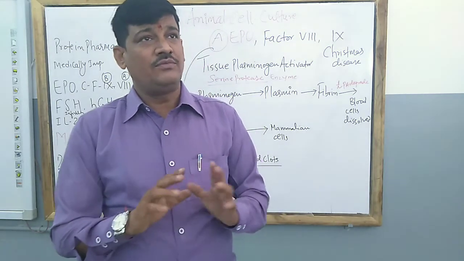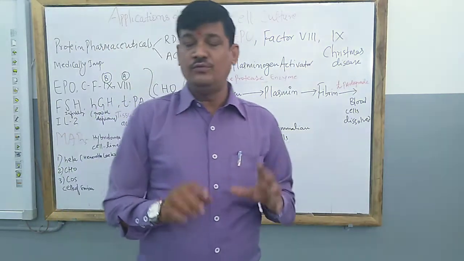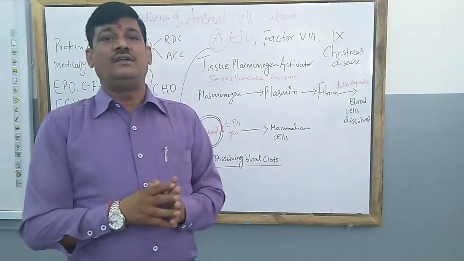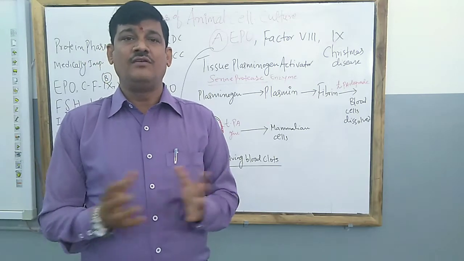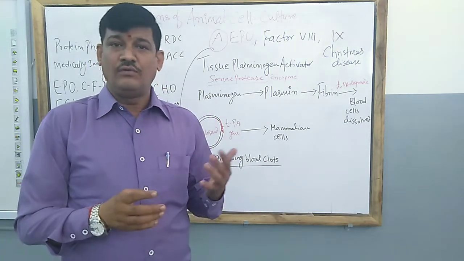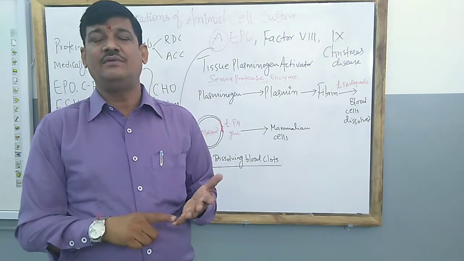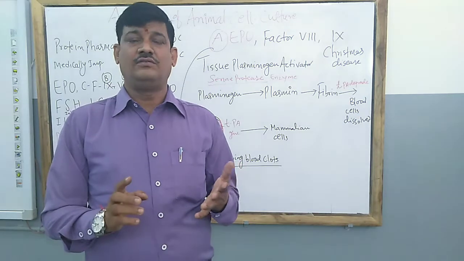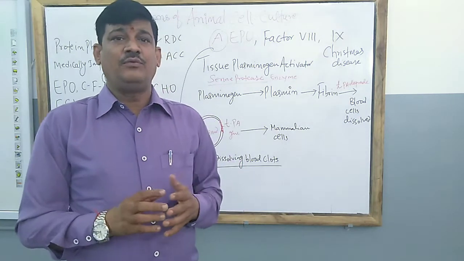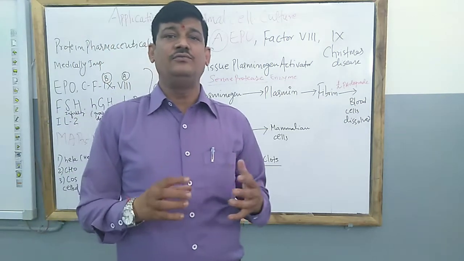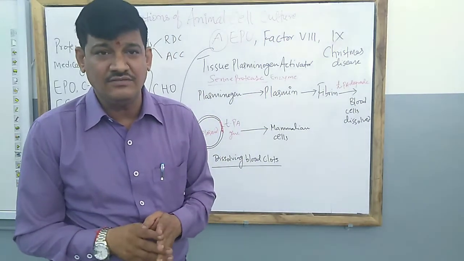Most of these are done by taking animal cell culture as well as recombinant DNA technology, the combined effect of both techniques, to produce protein pharmaceuticals. You know that proteins are basically used in treating various kinds of diseases.